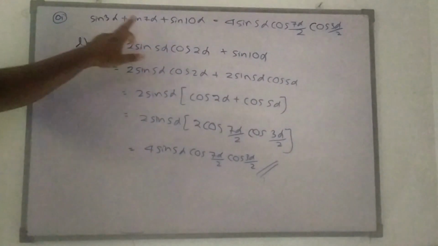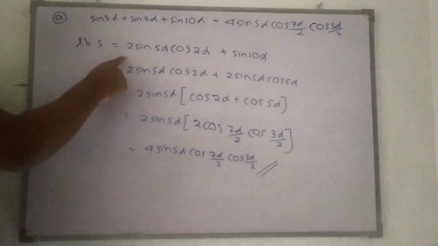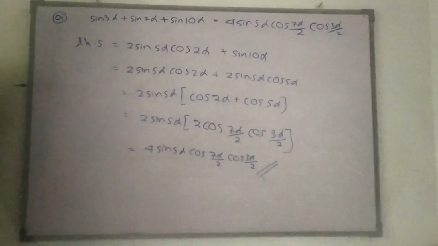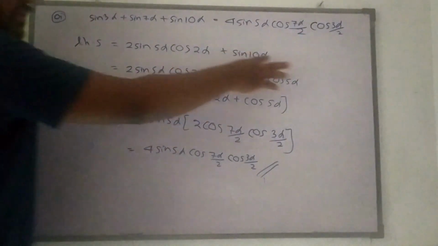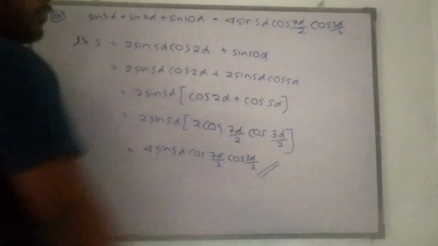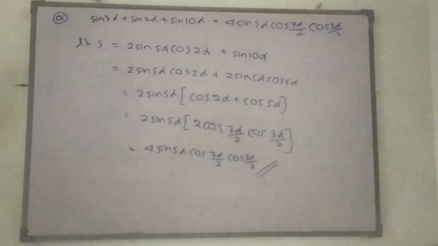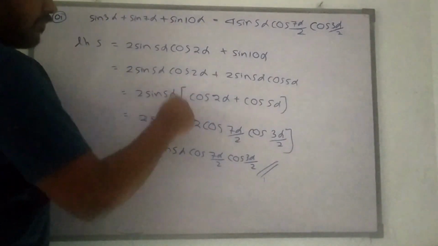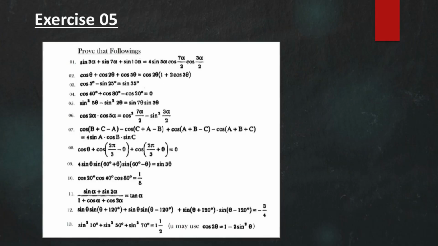So sin 3 alpha plus sin 7 alpha is 2 sin 5 alpha cos 2 alpha, and I separated sin 10 alpha and I divide it using the half angle formula. It's 2 sin 5 alpha cos 5 alpha. So after that I'm just taking 2 sin 5 alpha out, then bracket cos 2 alpha plus cos 5 alpha.